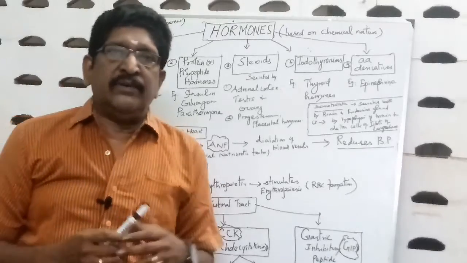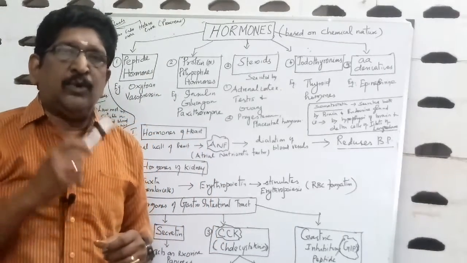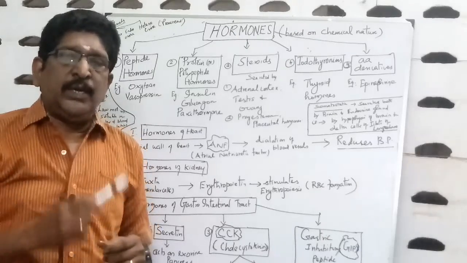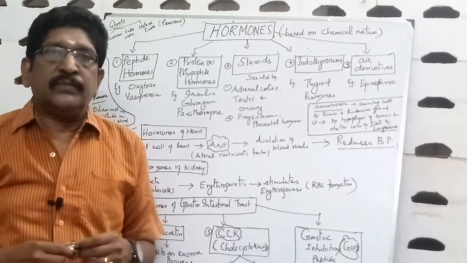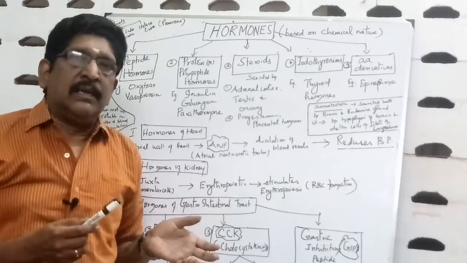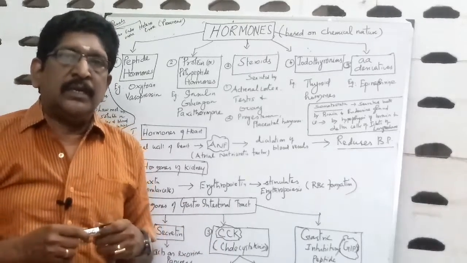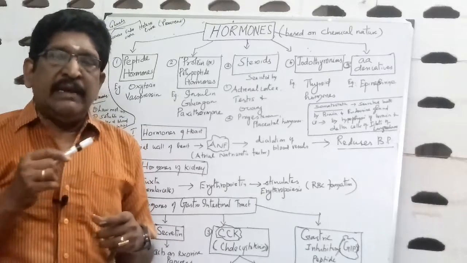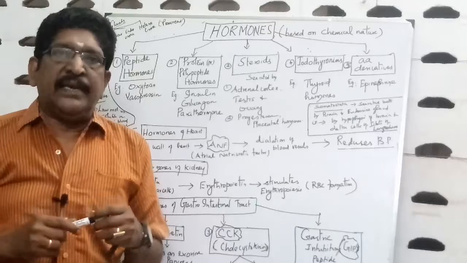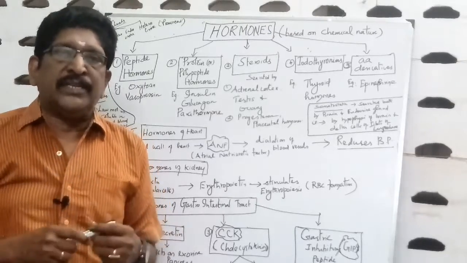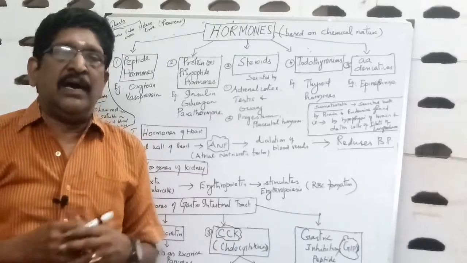If we take the glands in our body, there are three types of glands. One exocrine, two endocrine, and three heterocrine. Exocrine gland means they secrete their enzymes through the ducts, so they are called the duct glands.